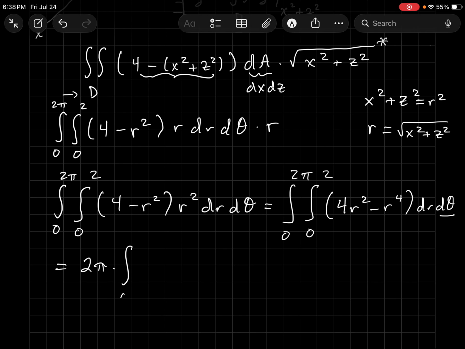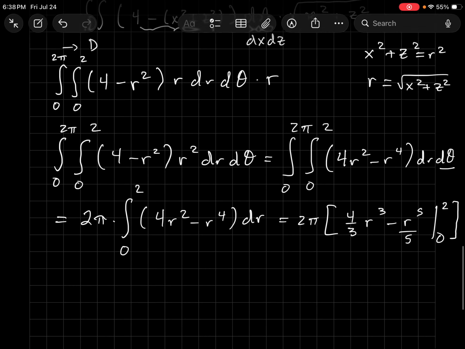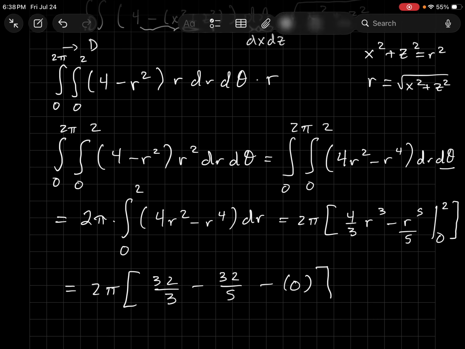So it's really going to be 2 pi times the integral from 0 to 2 of 4r squared minus r to the fourth dr, which is going to be 2 pi times 4/3 r cubed minus r to the fifth over 5 from 0 to 2, which will equal 2 pi times, plug in the top limit, we get 4 times 2 cubed, 32, over 3, minus 2 to the fifth, 32, over 5, minus the bottom limit giving us 0.